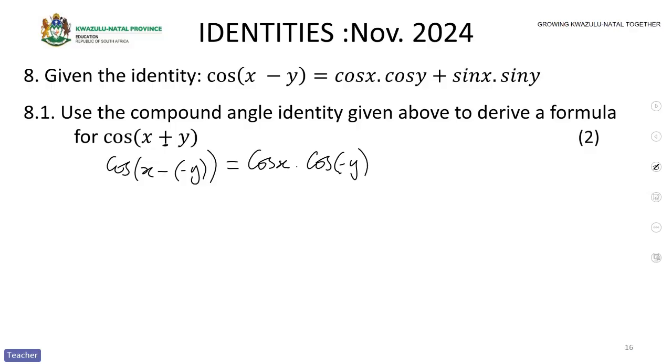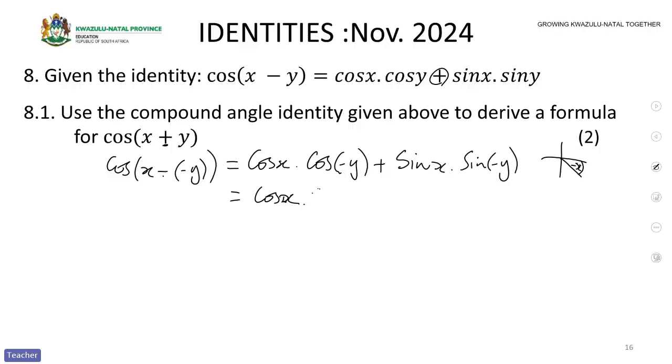Remember, with cos, this sign changes to positive. So therefore, it's going to be plus sin of the first angle, which is sin of x, times the sin of the second angle, sin of negative y. So let us simplify. Cos of negative y is on the fourth quadrant, and cos is positive on the fourth quadrant.